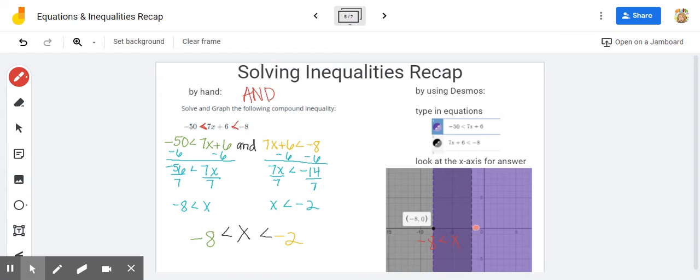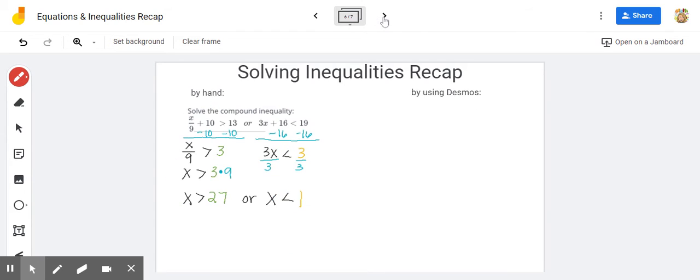And then we also solidify our answer here with this point at negative 2, 0, which means that our inequality will be sandwiched, or the shaded region between negative 8 to negative 2. So the overlap is where this will happen.